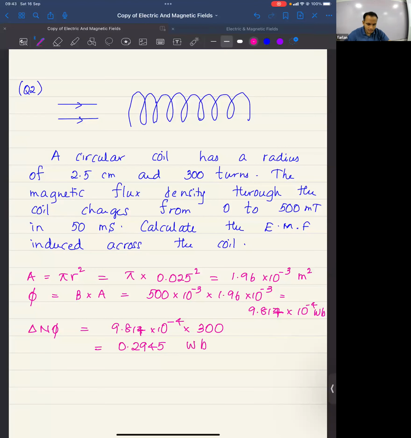This is the change in flux linkage. So the EMF induced will be delta N phi over delta t, 0.2945 divided by 50 milliseconds, which is 0.05 seconds. That is 5.89, or 5.9 volts. Have you got this answer?